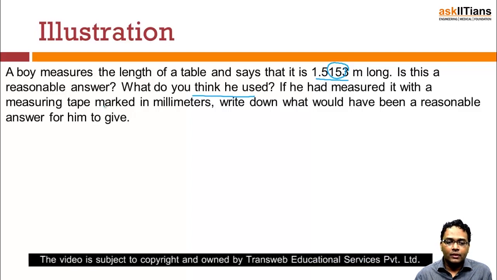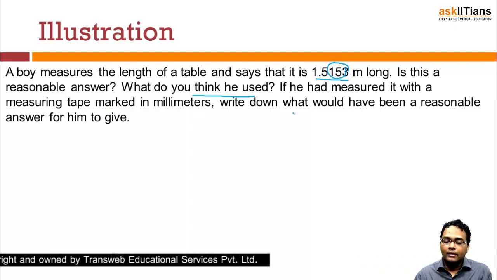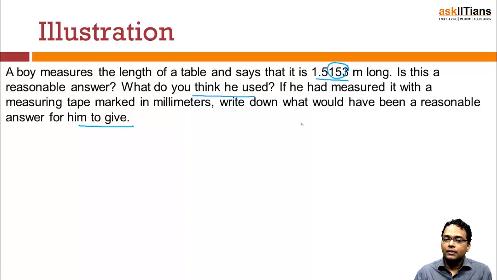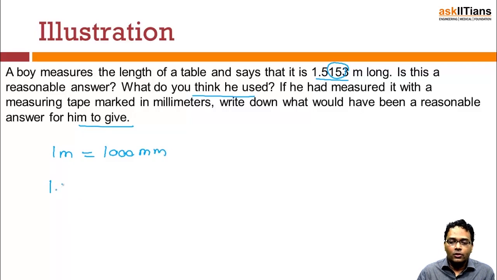If he had measured it with a measuring tape marked in millimeters, write down what would have been a reasonable answer for him to give. So this is if he would have measured in millimeters. Now you know that 1 meter has 1000 millimeters. So therefore 1.5153 will have 1.5153 into 1000.